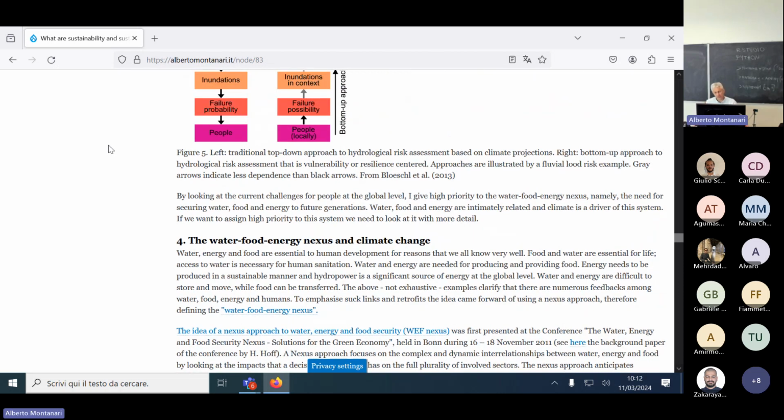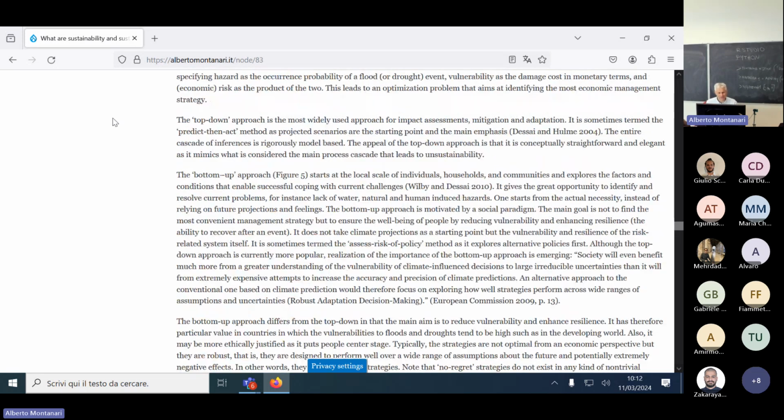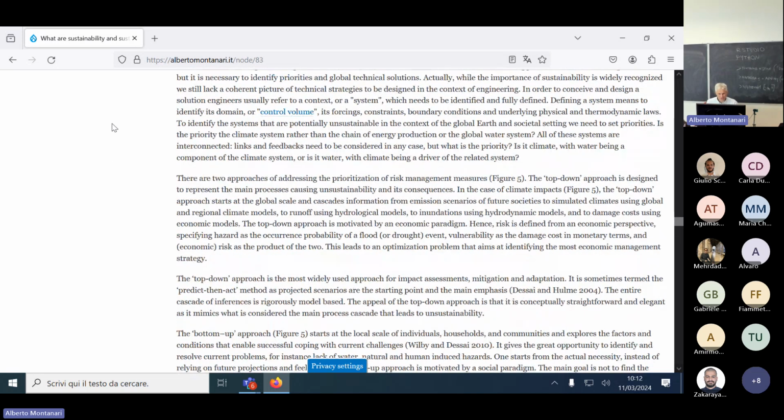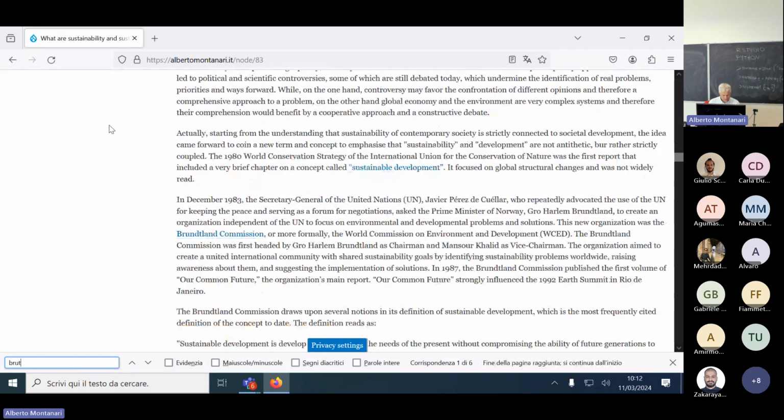Okay, now, in order to close this discussion, I want to focus on some particular issues related to sustainability. First of all, I didn't give the definition of sustainability. Let me just focus on it.